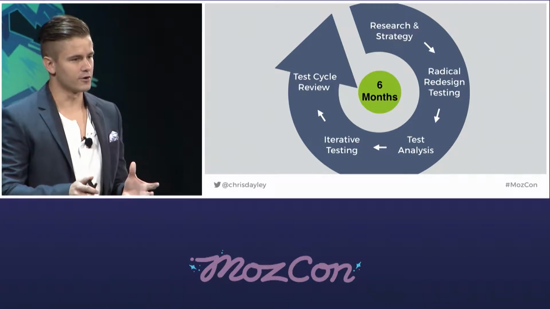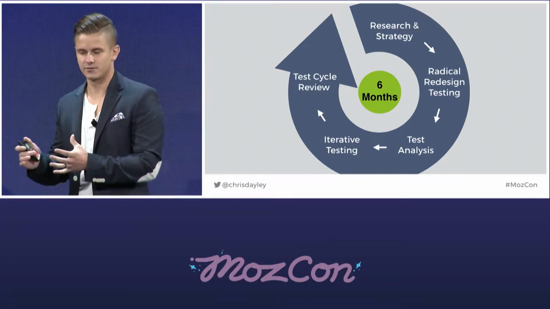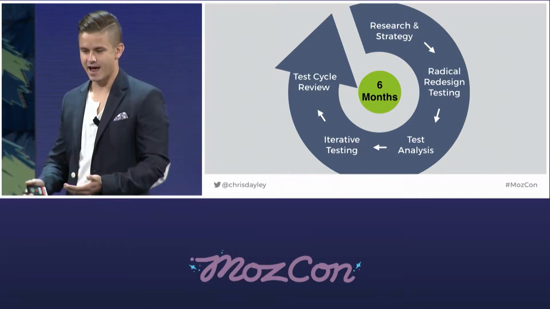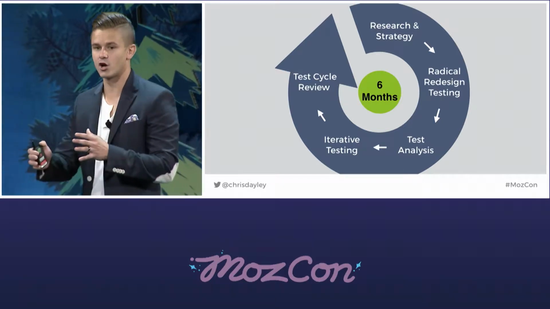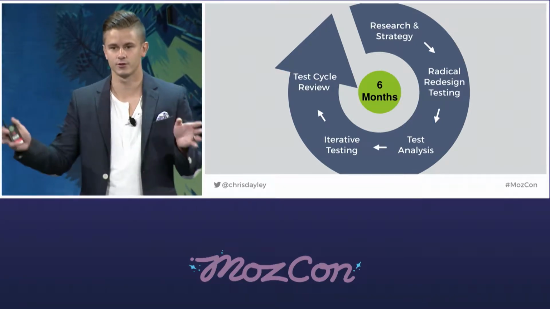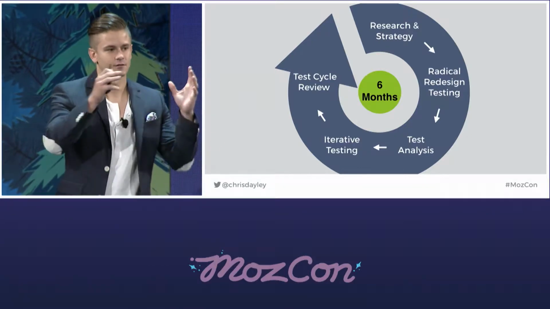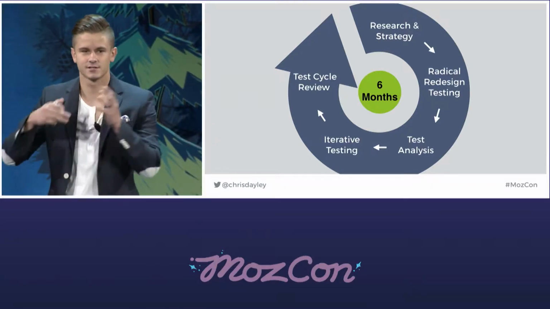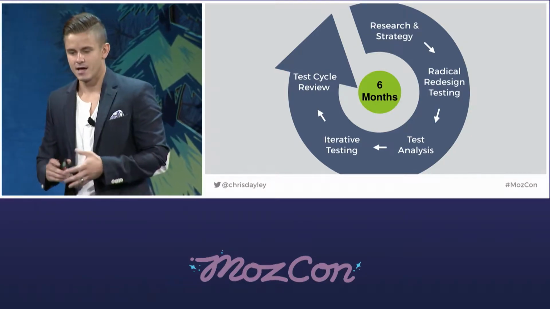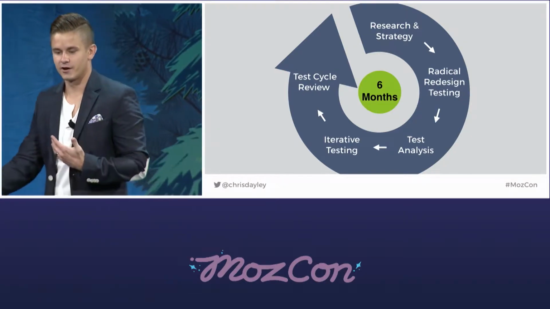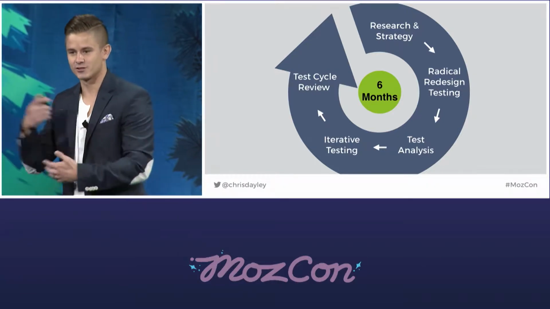But once you've found a winner in that radical redesign test phase, you analyze, and you move on into the iterative testing phase. This is where you're going to test everything on that new design. So you're going to test your headlines, content, images, colors, buttons, everything on the page, right? And when you've gotten through your iterative testing phase, then you're going to start the cycle over again.